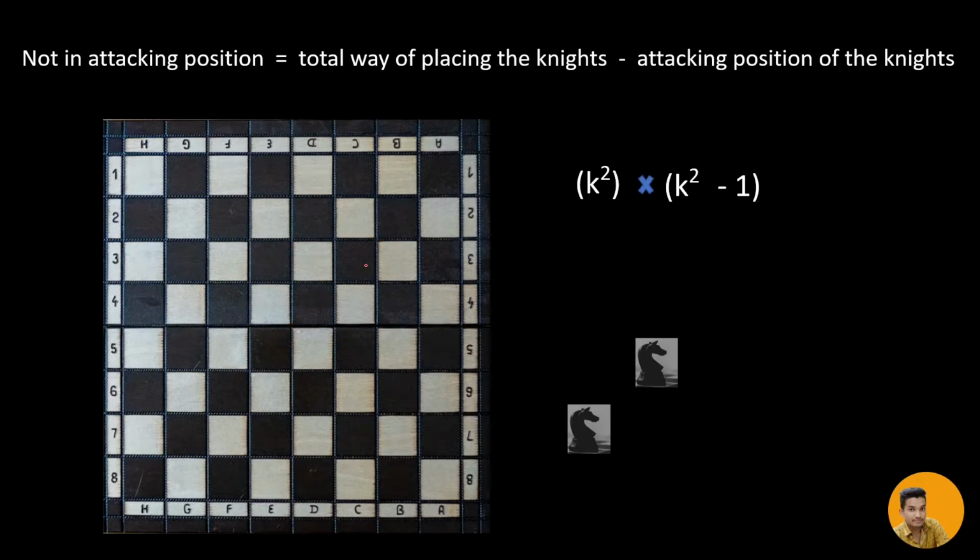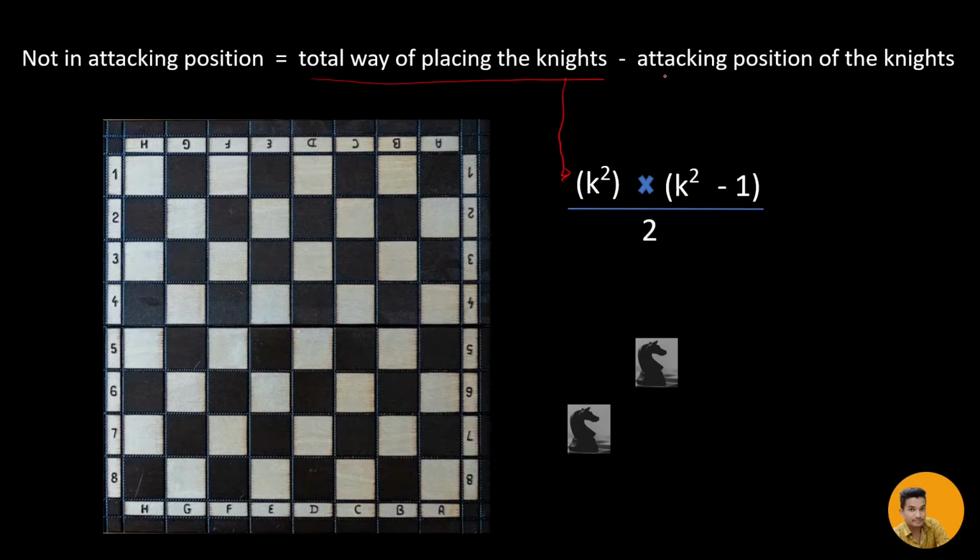That's why we are going to divide this by 2, because we are cutting off that half, which is just the interchanging of them. If the first knight is kept here and the second knight here, or vice versa, that won't give any new solution. That's why this is divided by 2. So the total ways of placing the knights is this.